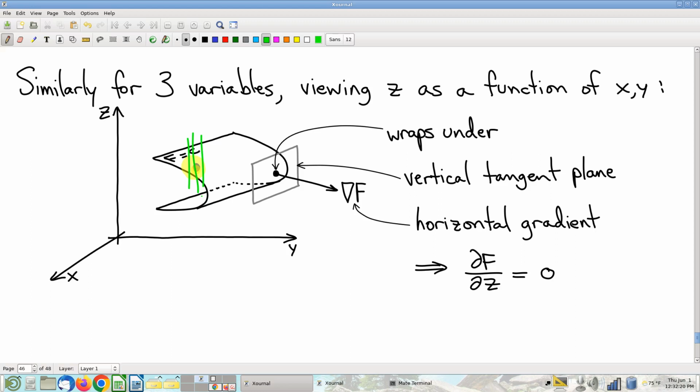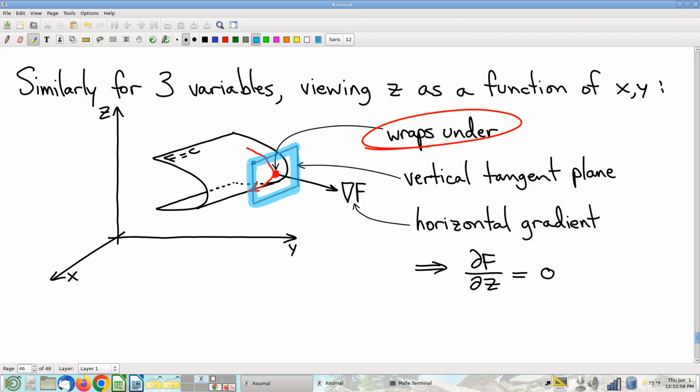But if we were to entertain a bad point, such as this one, there's going to be a problem. And again, what is it that manifests the problem? The problem is that the surface at that point is in the process of wrapping under itself, which could only happen if you have a vertical tangent plane. The surface's tangent plane would just have to be vertical there.